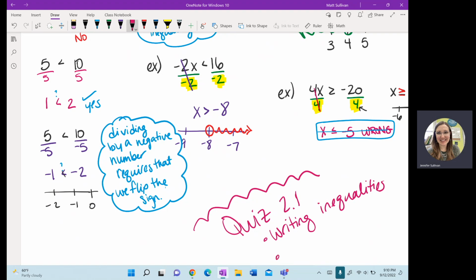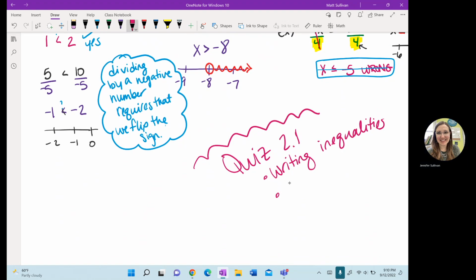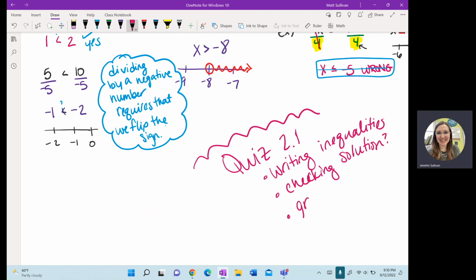Then we're also going to be checking solutions. So is a number a solution? And then also graphing. So like what we did with the graphing of the solutions, just simple things like x is greater than or equal to 10. Can you put something like that on a number line? So there will be a quiz on this at the start of the next class period.